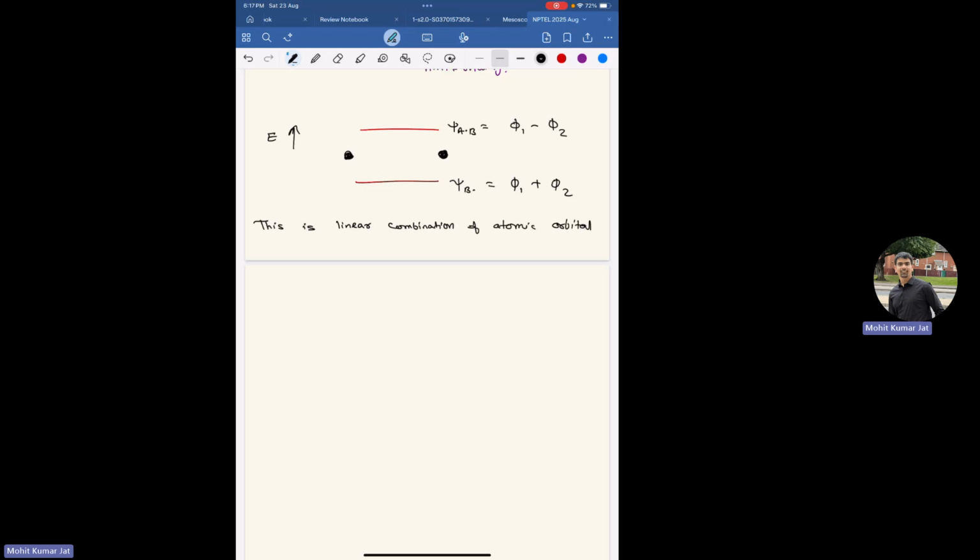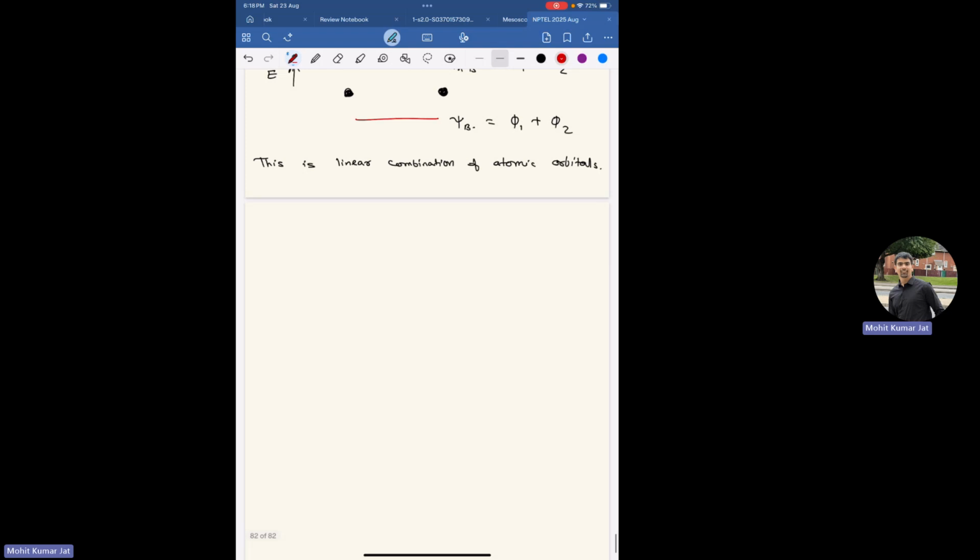Now, since you have seen it for two atoms, I can ask the question: can I form a crystal orbital for an electron by combining these linear combinations of atomic orbitals? So let me phrase the question here.